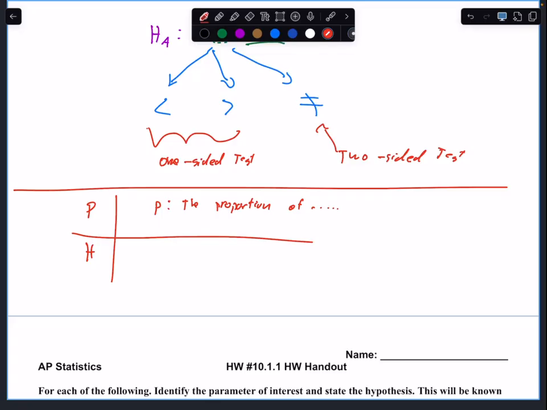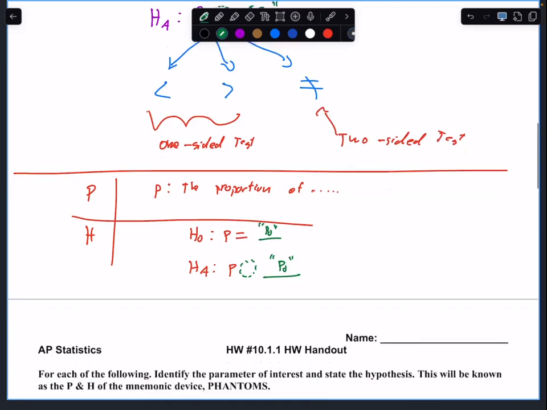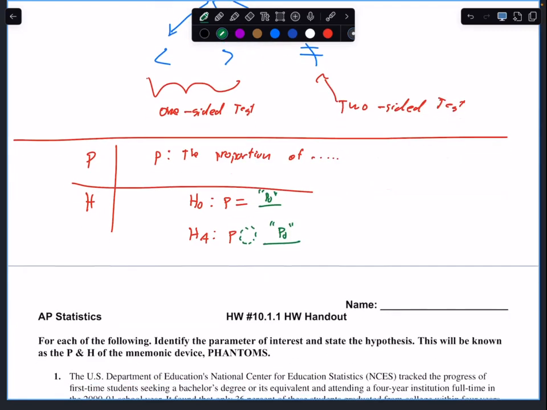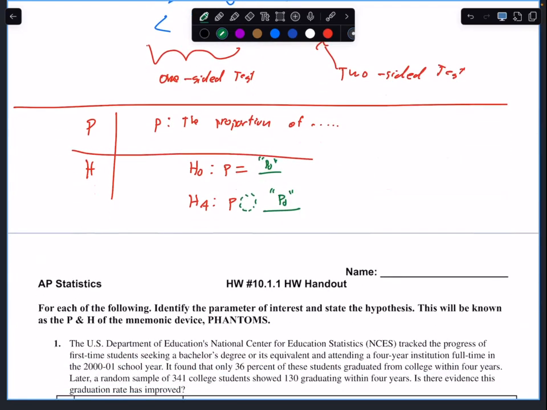And the hypotheses are going to be H0: p equals p0, and Ha: p, and of course, we don't know what symbol goes here, p0. So all you're going to be doing for your homework for multiple problems is redoing this. Defining the parameter, what is it that we're interested in looking for, and what are we going to be testing? What is the default, and what it is. Now, the null hypothesis is always an equal symbol, okay?